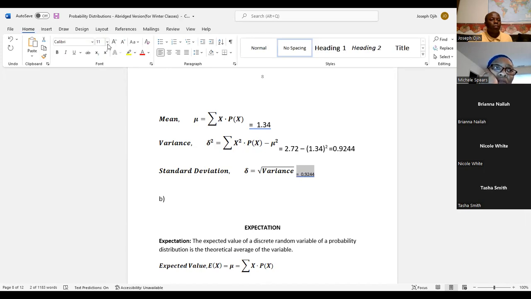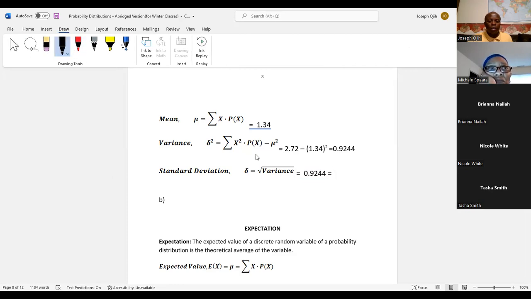Make it 18. So the square root of that. Okay. So I'm going to put the square root sign now on top of it. The square root of that. See?